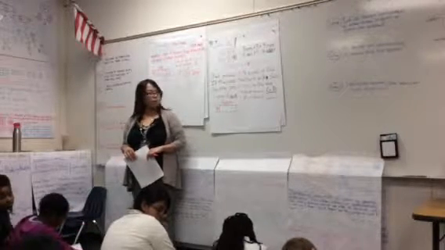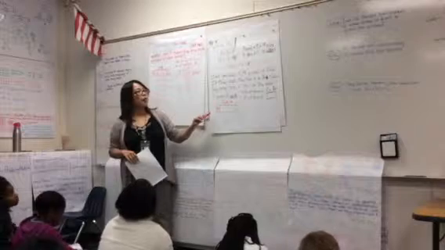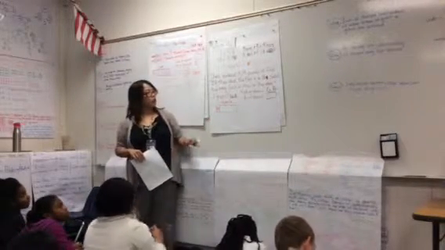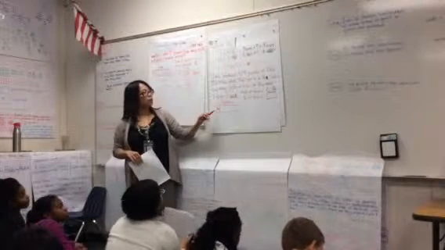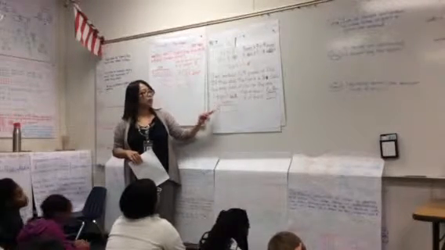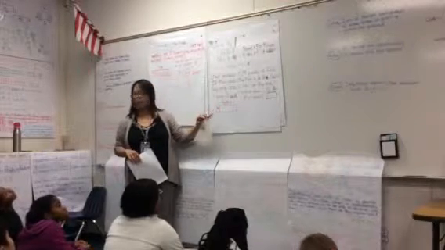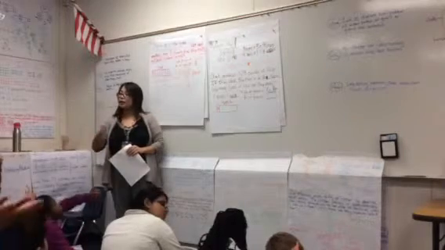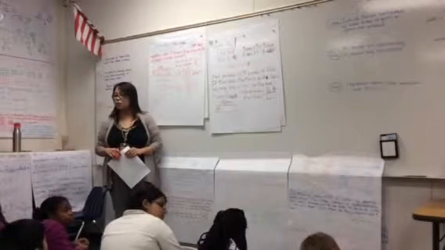So 6 represents how many pounds are in one sack, right? We said that one group is equal to one sack, and one sack is equal to how many pounds? 6. Now what don't we know? Makai, what don't we know?